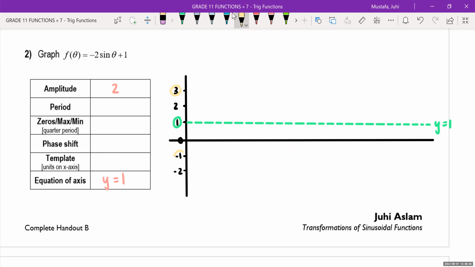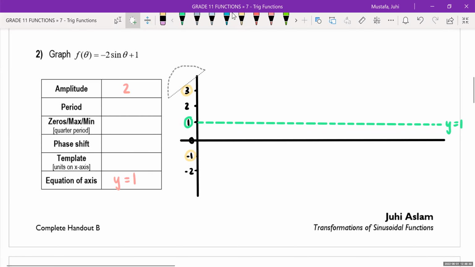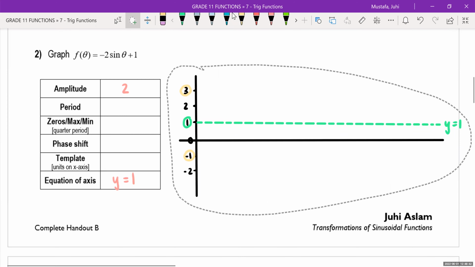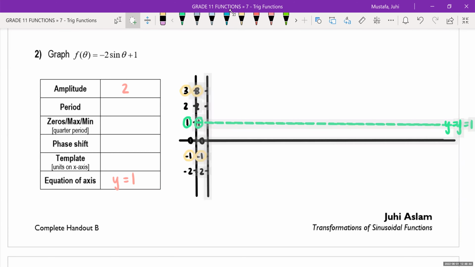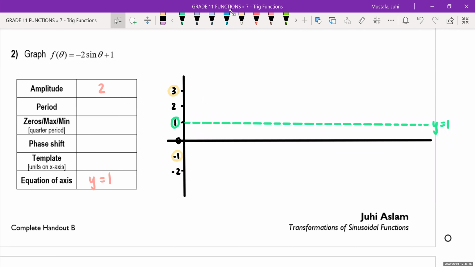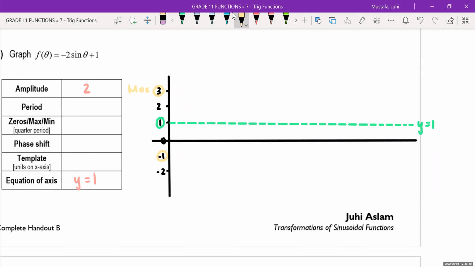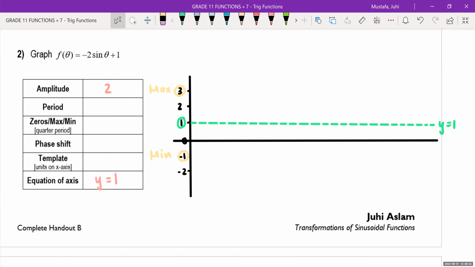And then your minimum is from the equation of axis, you're going down 2 units, so it's going to be right around there. Okay, so I'm just going to label this max and label this min. Are you guys okay with that? Yes? Do you need a second to just write all that stuff? Okay, I'll give you a second.